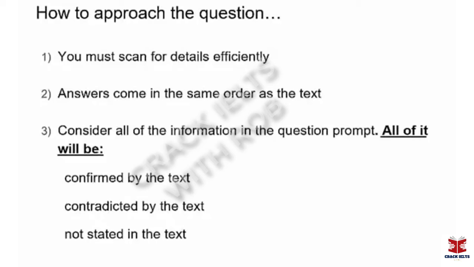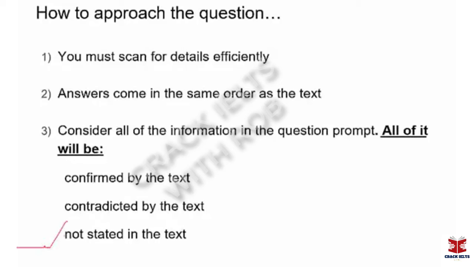If the information is not provided by the text, maybe a small part of the statement can be found, but the entire idea of the whole statement in the prompt cannot be found or located somewhere in the text, then you put not given. That's this third option down here.